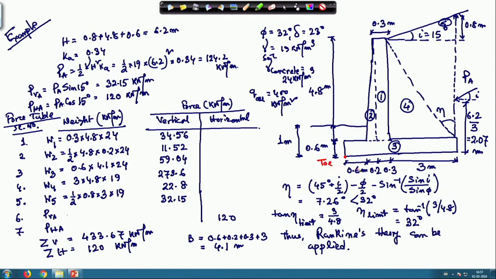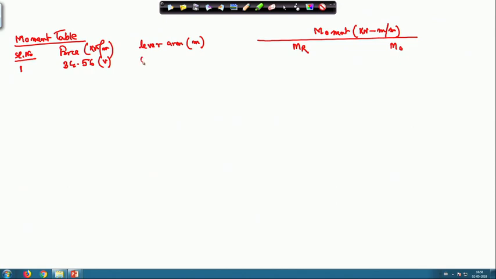So, this value will be 0.6 plus 0.2, then plus 0.3 divided by 2, because it will act at the center of this portion. So, the lever arm of the first force W1 will be 0.6 plus 0.2 plus 0.3 divided by 2.